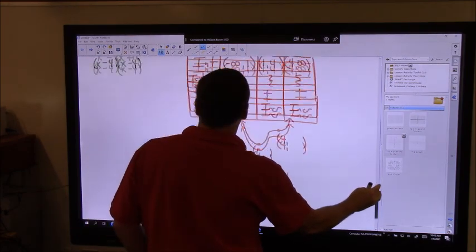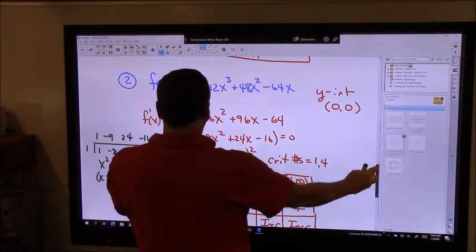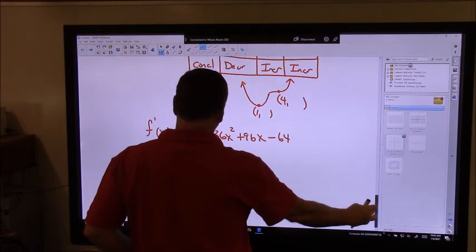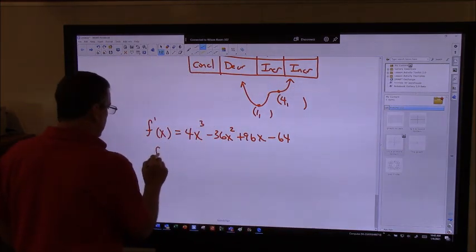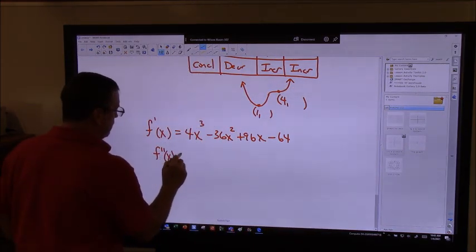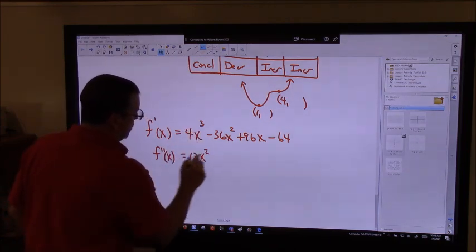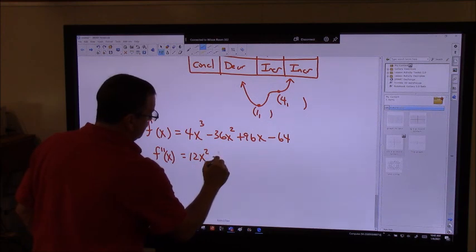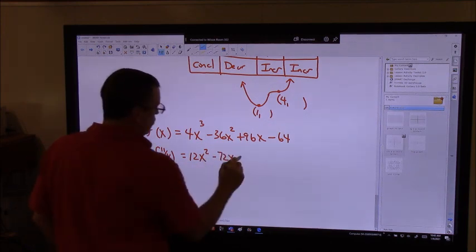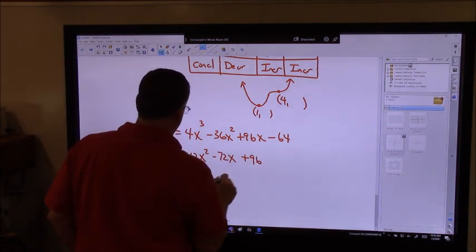I gotta double check my signs. Positive, negative, positive, negative. Okay. All right, so now I need to find the second derivative, which will be 12x squared minus 72x plus 96.